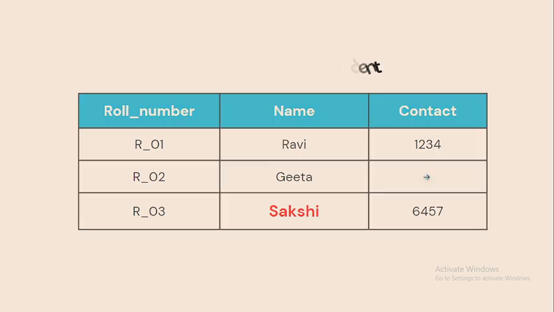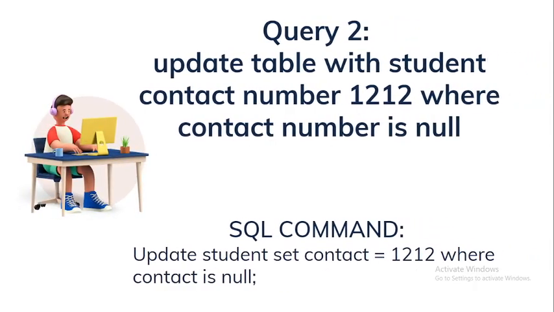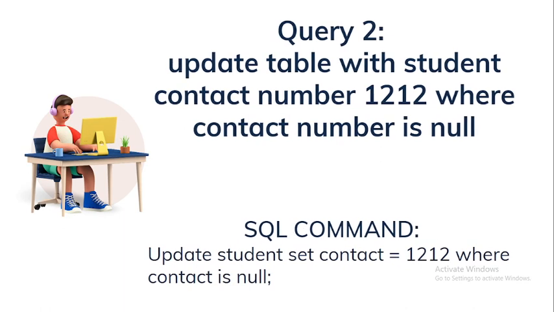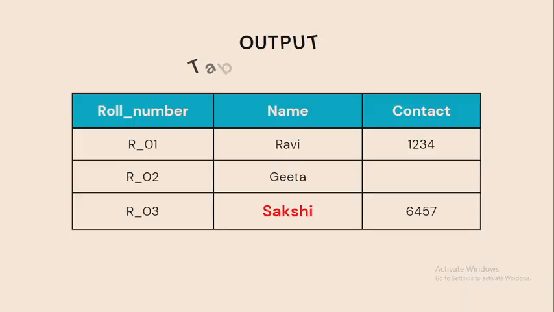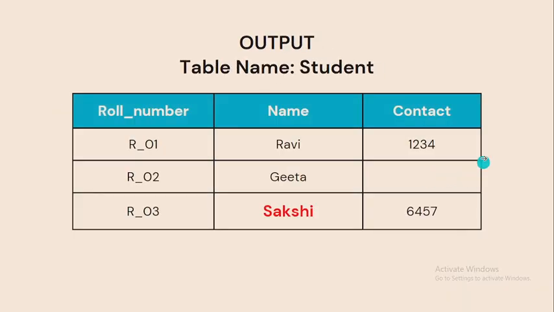Let's go to another category where we want to place some value where it is null. For that, let's have a query. Query 2: we have to update the table with the student contact number. We have to keep the contact number as 1212 where the contact number is null. Where the contact number is null, we have to again look at our table. In this table, you can see this particular cell value is null.